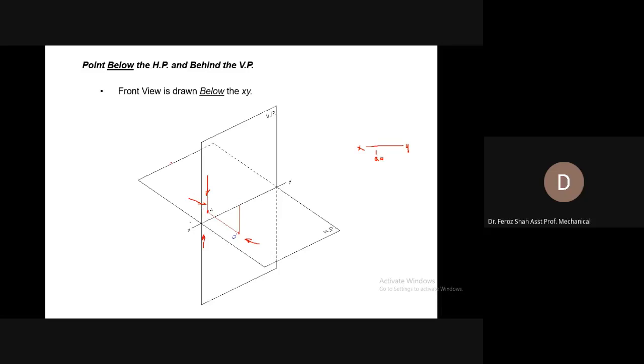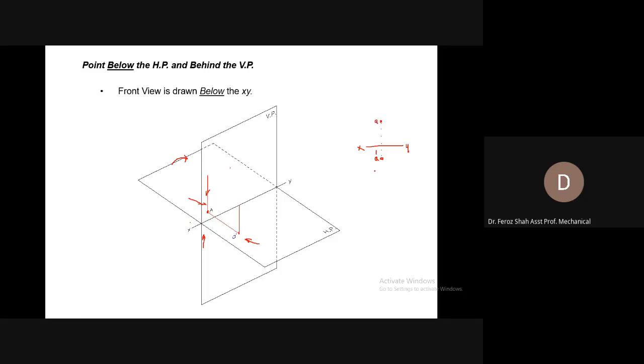And when you rotate the horizontal plane by 90 degrees, you can see that this top view would come somewhere at this position on the vertical plane, meaning above the XY reference line. So its top view would be in exact alignment with the front view and it would be somewhere above the XY reference line.